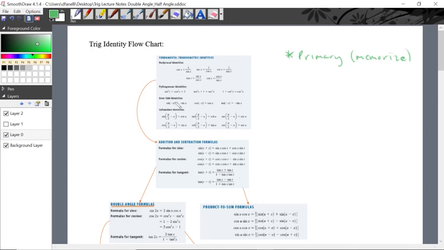So there's going to be a set of primary formulas here that we want to memorize, and then there are a set of secondary formulas that we would want to know as well that we may not have to specifically memorize, but I would categorize as being able to derive quickly when needed. So you want to be able to derive these quickly, as needed.